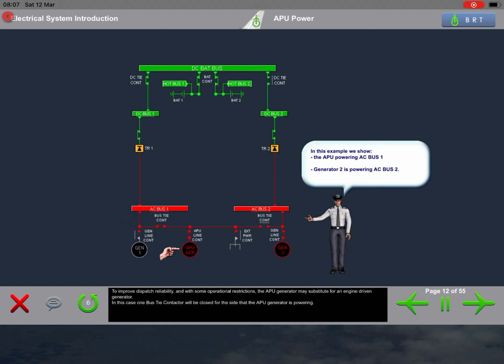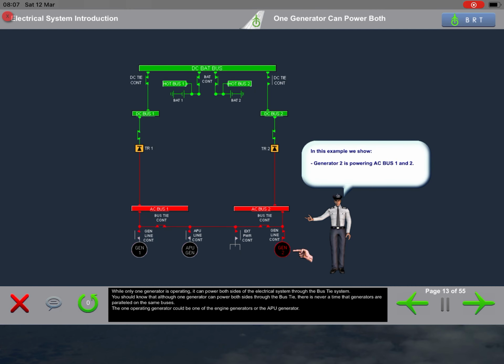In this case, 1 bus tie contactor will be closed for the side that the APU generator is powering. While only 1 generator is operating, it can power both sides of the electrical system through the bus tie system.